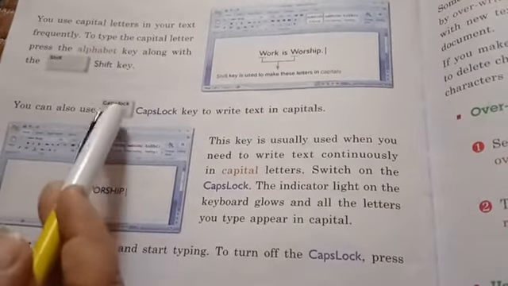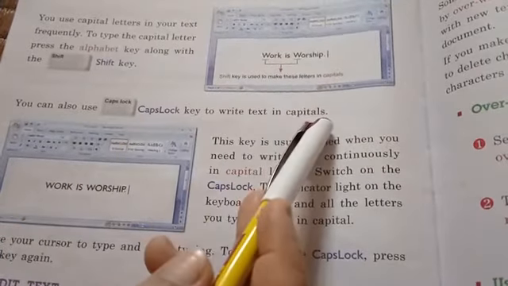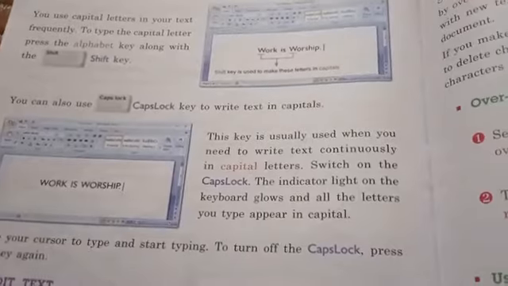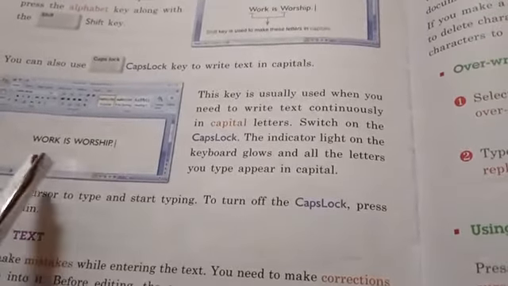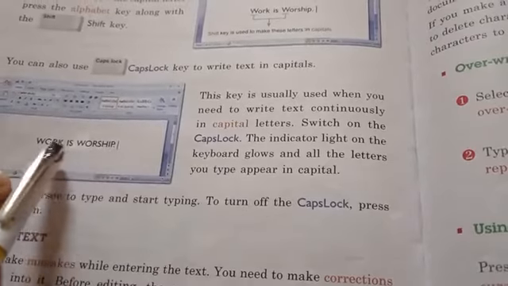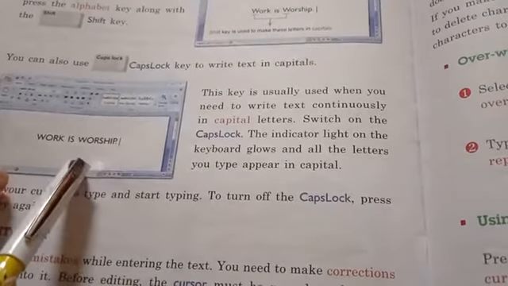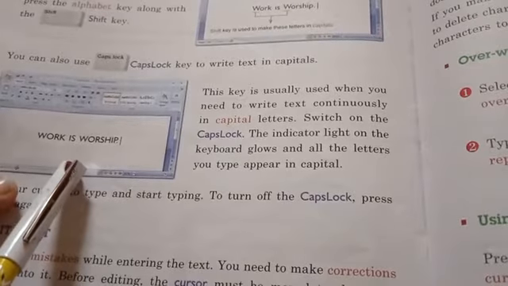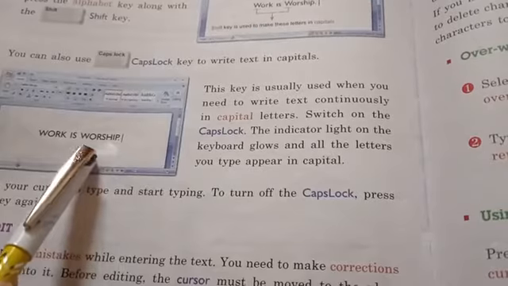You can also use Caps Lock key to write text in capitals. Suppose we want a full paragraph in capital letters, just like that, work is worship. For that we will use Caps Lock key. By pressing Caps Lock key, we can write everything in capital letters.